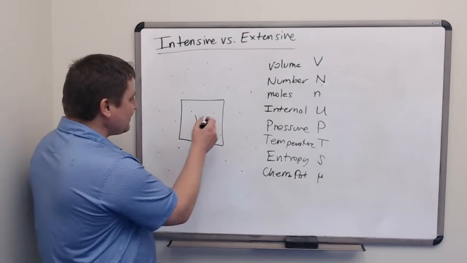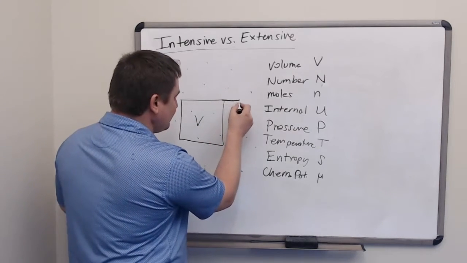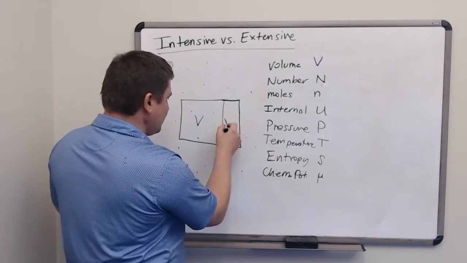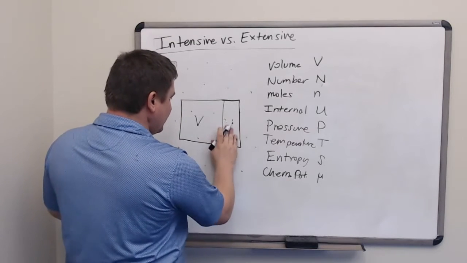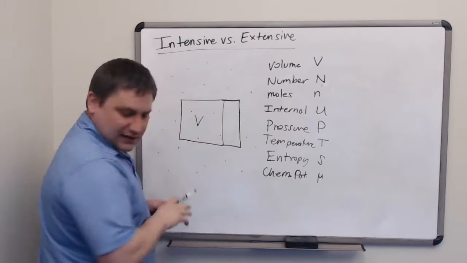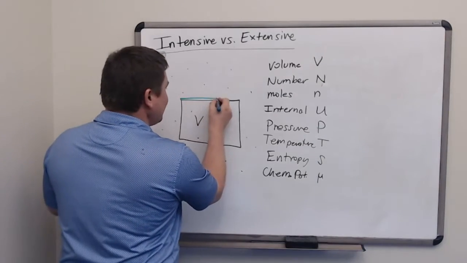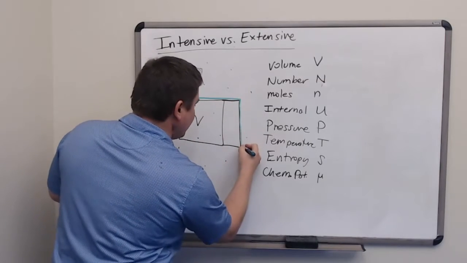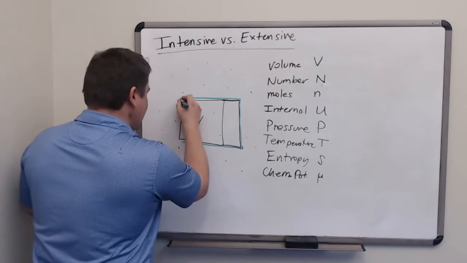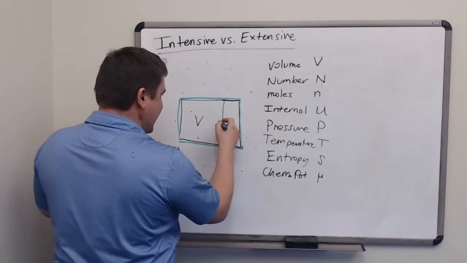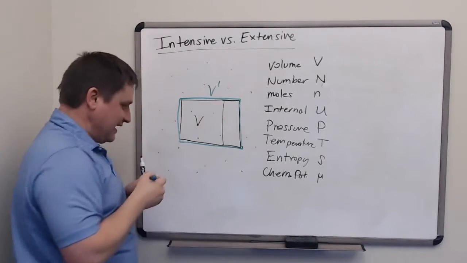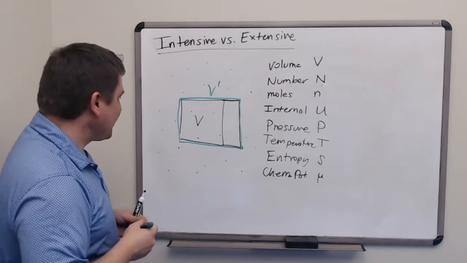So let's consider another sample, which I will do in a different color. Let's say in green. We've got this sample here in the green outline. And that one is V prime. So it's a little bit larger sample.